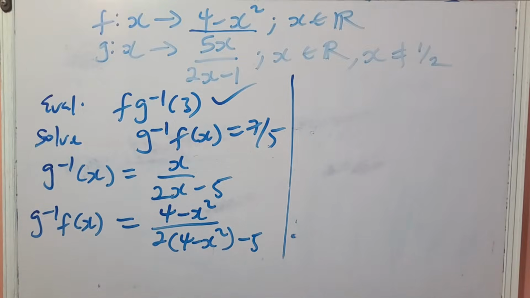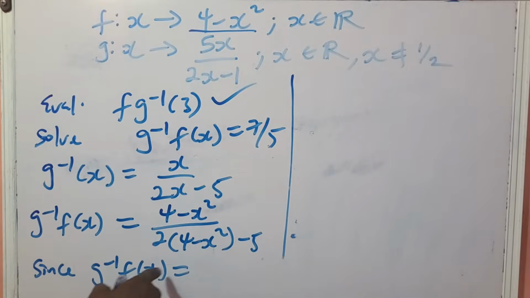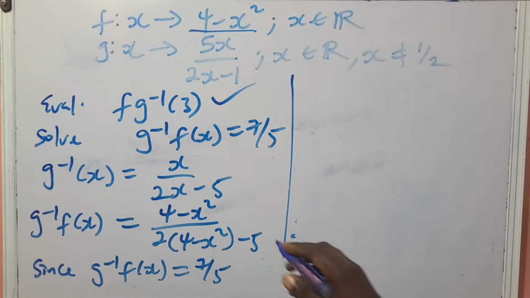Now, don't forget, we're told that G inverse with f as the child is equal to 7/5. So what you want to do now is to equate these two expressions together. That's the next step right here.